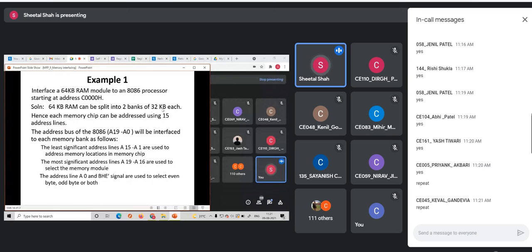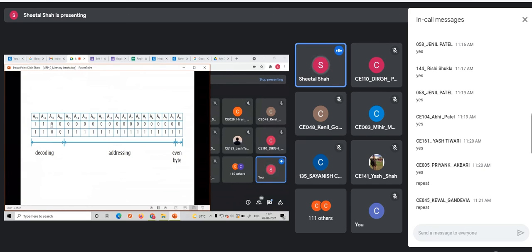To address this 32 kilobyte, we require 15 address lines, that is A1 to A15, whereas the A0 line is used for selecting the bank. It is given that the address range should start from C0000 onwards. So we are showing here C, which is 1100, and the rest are all zeros.